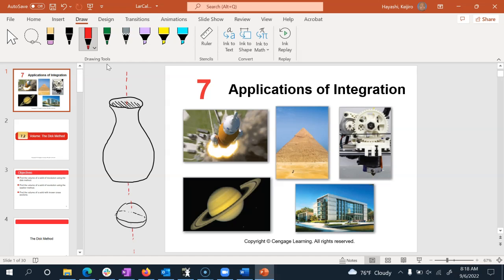It gets more complicated finding the volumes of things that are not so symmetrical. Can anyone think of any other solids of revolution? Just sort of that you might see. Yeah, a cylinder. A cone.